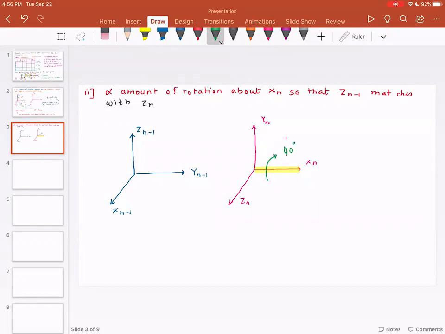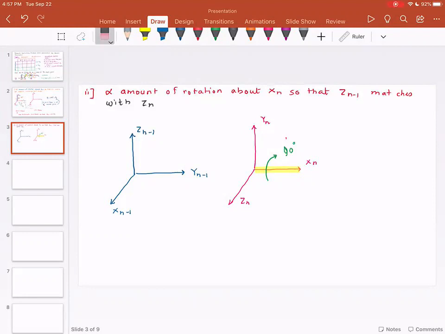So the amount of rotation is such that Zn minus 1 is aligned with Zn.